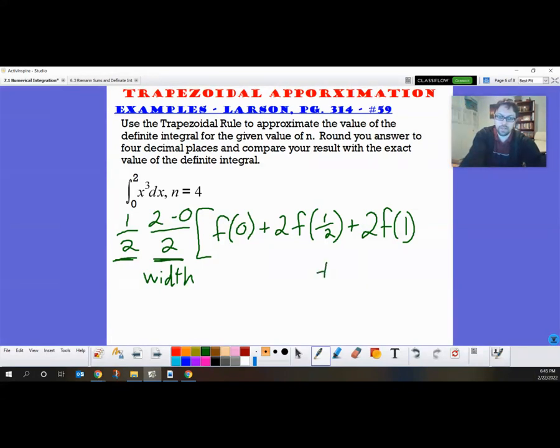I'm going to run out of space here. So plus 2 f of 3/2, plus, when we get to that very last one, since it's not being reused, the very last one will not get a 2. It'll just be f of 1 because that end one doesn't get touched twice. Those two trapezoids are not right on top of each other.